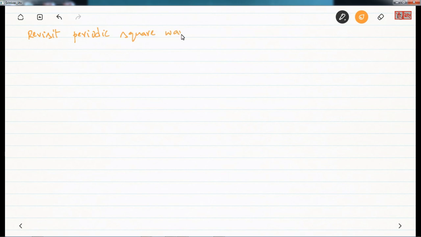Periodic square wave example. If you have looked at the previous class notes, you can immediately recognize that this square wave is something like this.